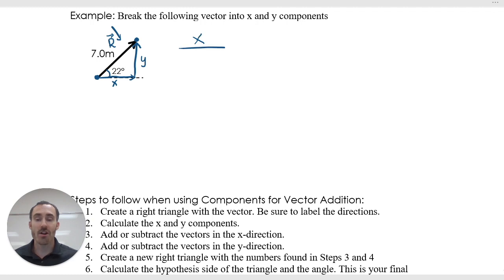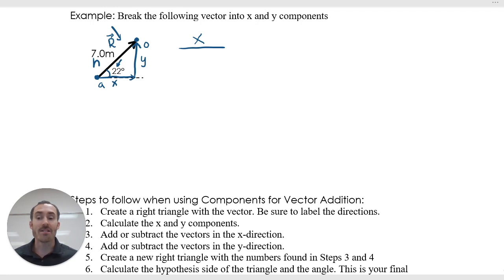So let's talk about the x component first. In order to figure out the x component, I am considering this 22 degree angle to be my reference angle, and that means I know the hypotenuse, and I'm looking for the adjacent side. The y side is the opposite side, right? And so the opposite side is not involved in this particular calculation.